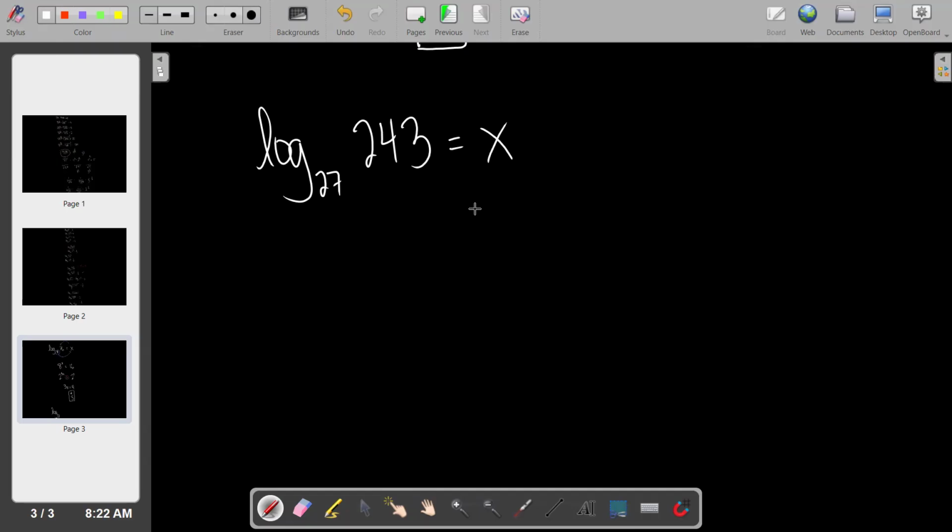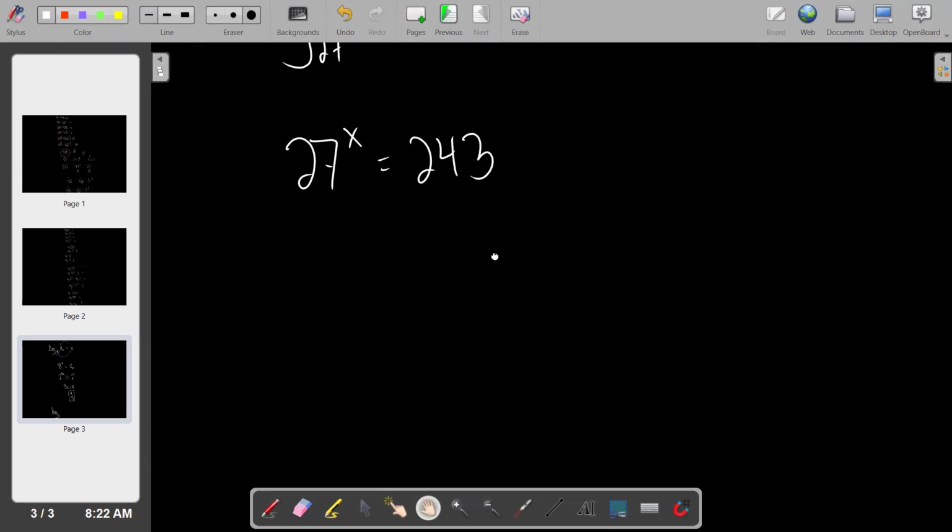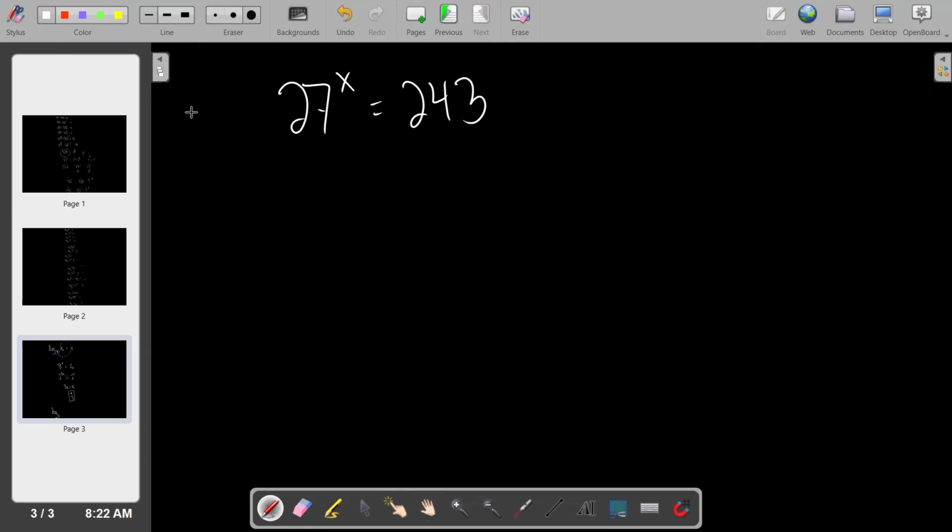And then let's water cycle it out. We're going to have 27 to the power of x equals 243. Now, what we're going to do is take the 27 and write it as 3 to the what power? So the left side is 3 to the 3x. What is 243 as a power of 3?